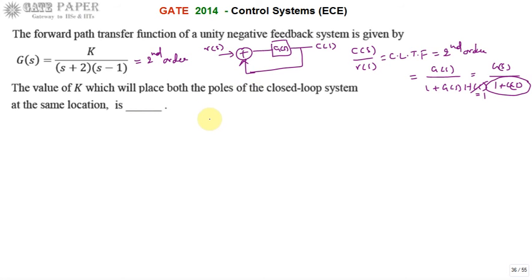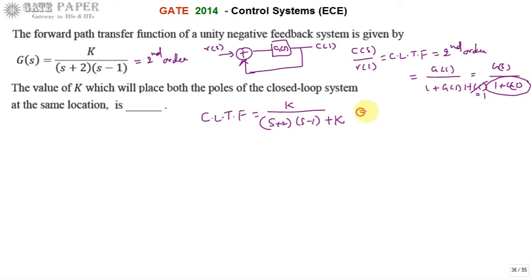If you calculate the closed loop transfer function, this will be K divided by 1 + K / ((s + 2)(s - 1)). After simplification, this will be K divided by (s + 2)(s - 1) + K.